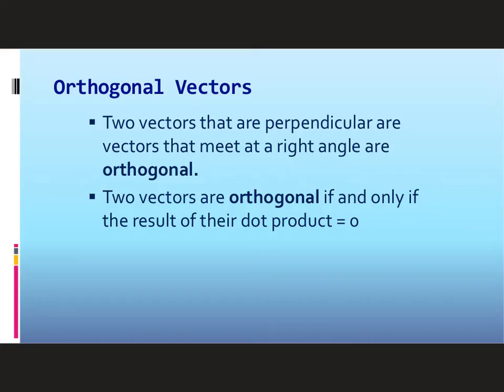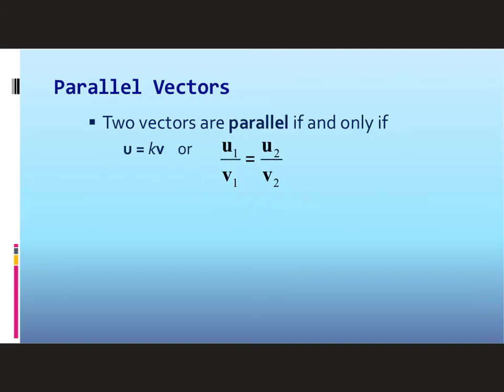Two vectors that are perpendicular are vectors that meet at right angles. We've talked about that already. Two vectors are orthogonal if and only if the result of their dot product is 0. Okay, we know that. Two vectors are parallel if and only if, what does it say?